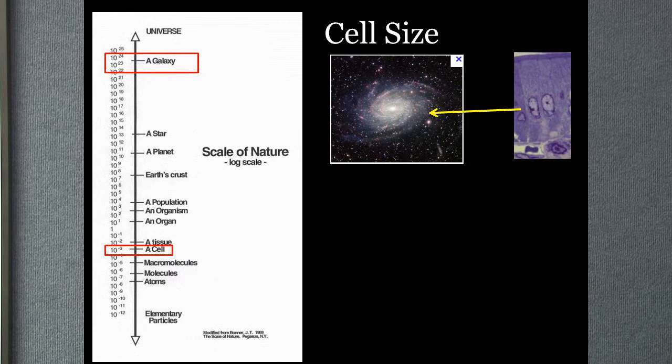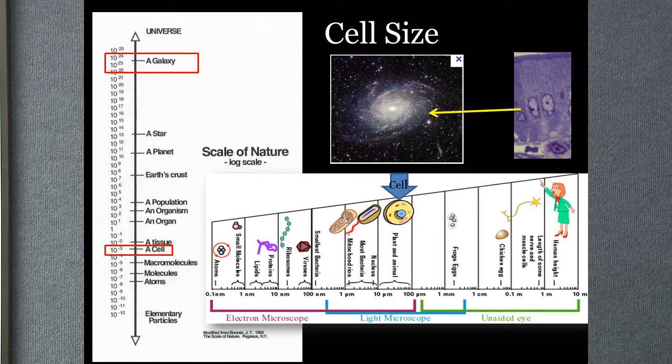This is a log scale of things. So we as cells are kind of small, but they're not as small as atoms, right? We have a lot of atoms in our cells. And here we can see, here we are, as we're standing here. Here's the cell that we're talking about today. And here are atoms way down there. So if you compare that, you can see that with an electron microscope, you could see atoms all the way down to cells.